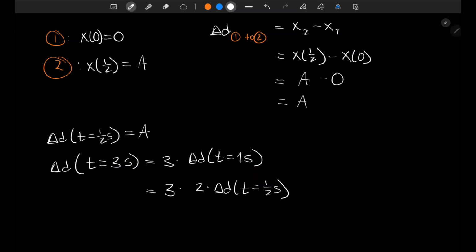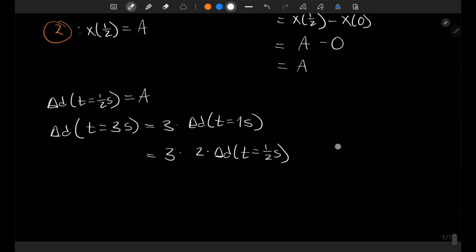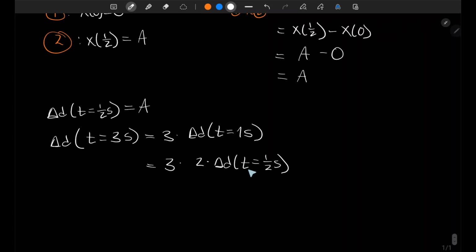how much does the particle travel in 1 second? Looking at the graph again, 1 second goes from 0 to 3. So it travels a distance a, and then another distance a back down to 0. So it's traveled a total distance of 2a, right? So since delta d at half a second is a, delta d for 1 whole second should be 2 times that of half a second.